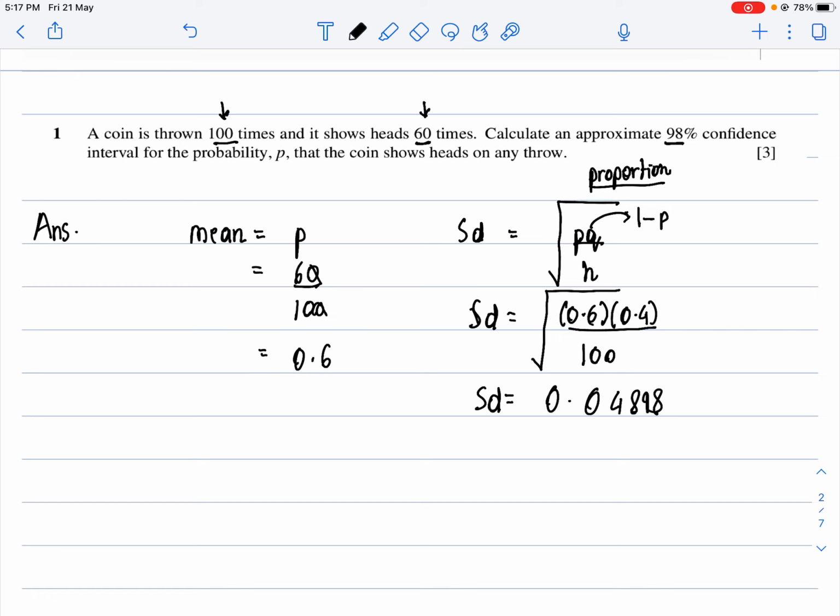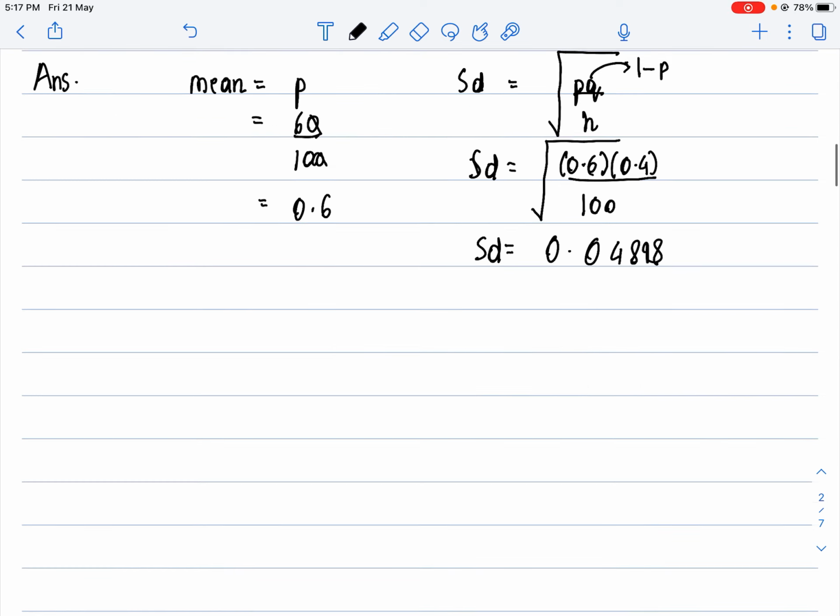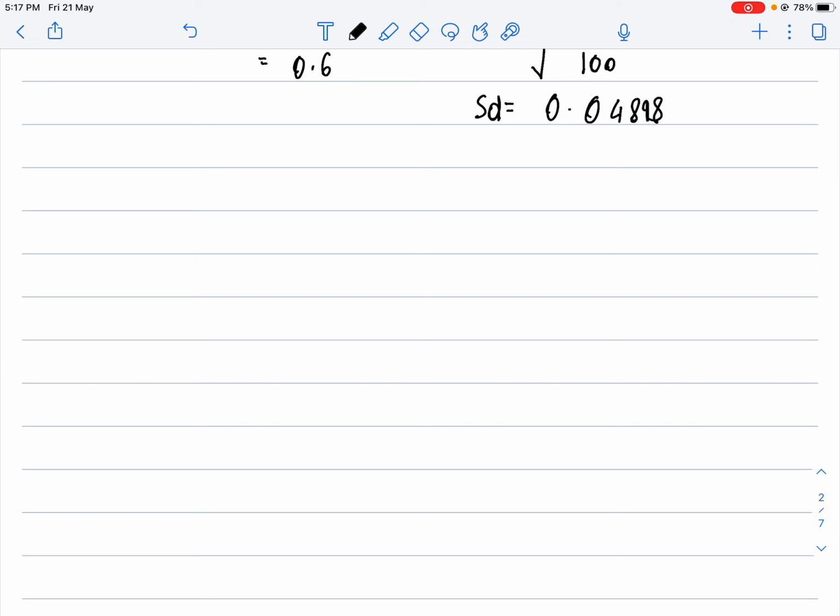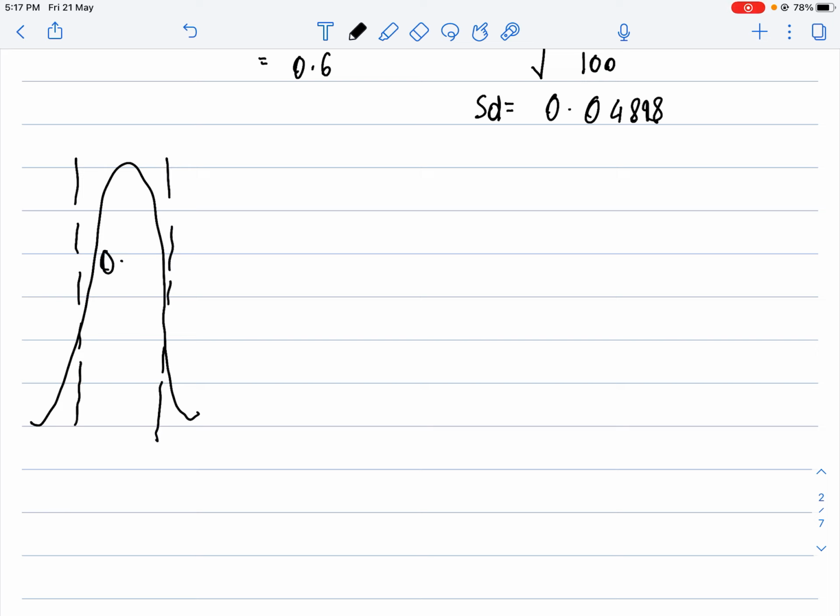0.04898. Now what I need to do is calculate a 98% confidence interval. So this is something like this. 98% confidence interval means this area here is 0.98 in the middle, and obviously if that is 0.98, 1 minus 0.98 is 0.02, which can be split as 0.01 and 0.01, because it needs to be equal.